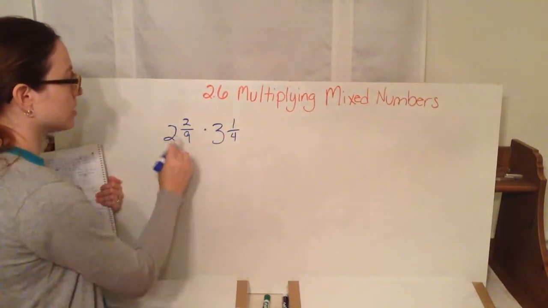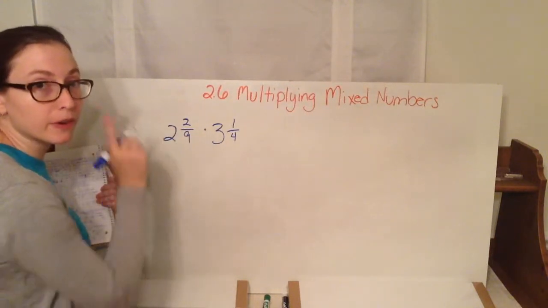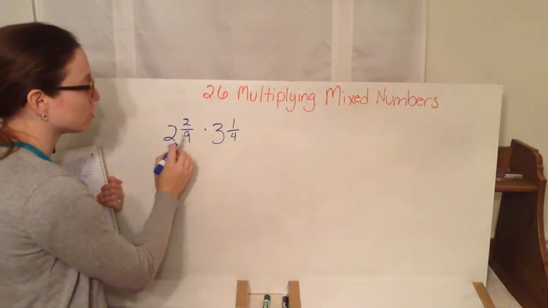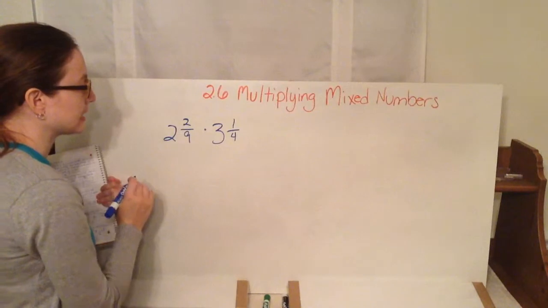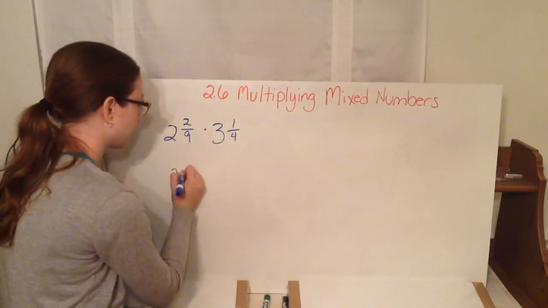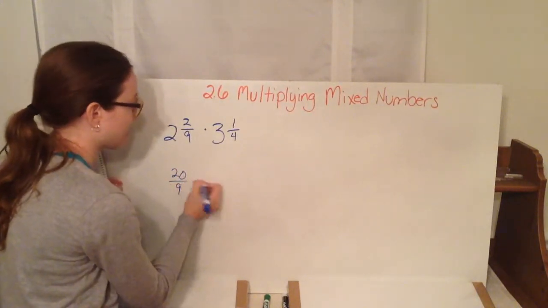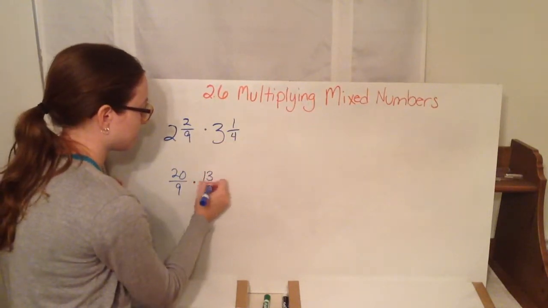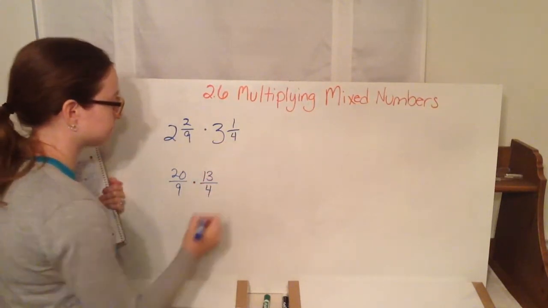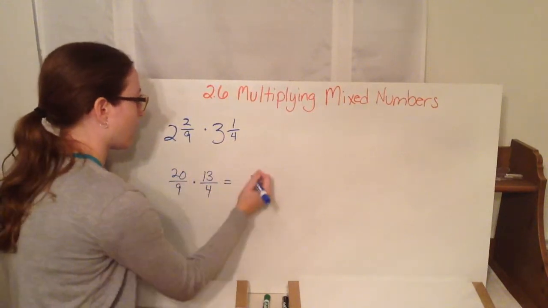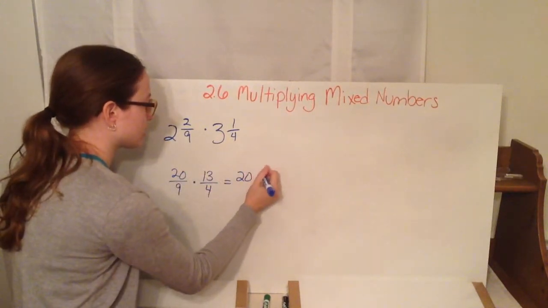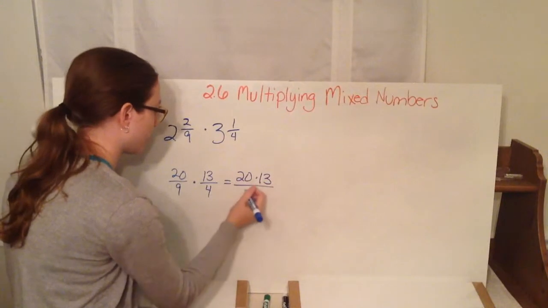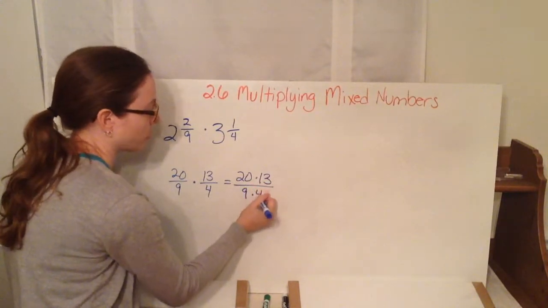Switching these to improper fractions first. 2 times 9 is 18, plus 2 is 20, over 9, times 3 times 4 is 12, plus 1 is 13, over 4. That gives me 20 times 13 over 9 times 4.